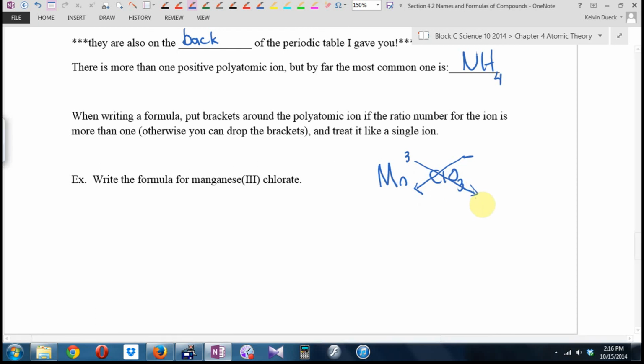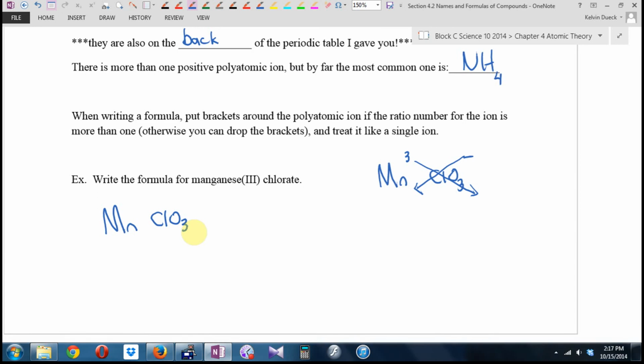So I'm going to end up with this. Mn, what's going to be the subscript for the Mn? How many manganeses am I going to need? Just one? Am I going to write the one? No. Then I'm going to have ClO3. I treat that like one funky atom. Why am I using the 3 in ClO3?